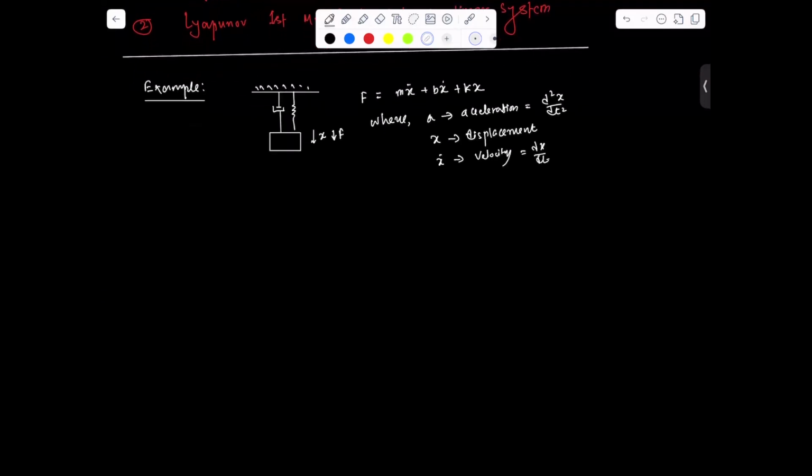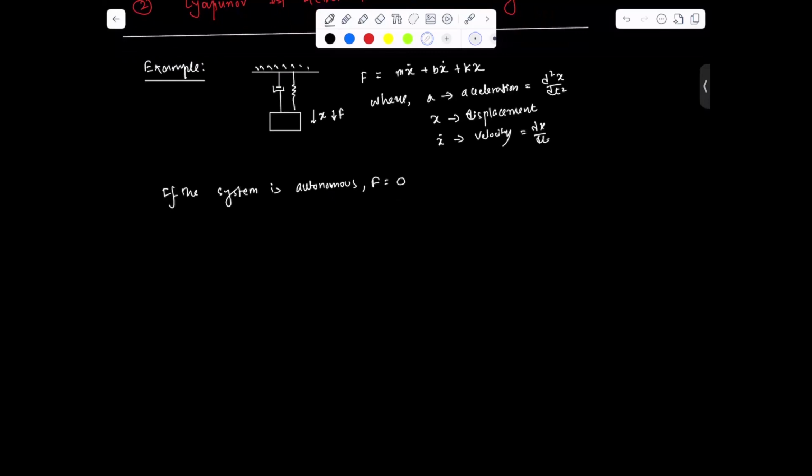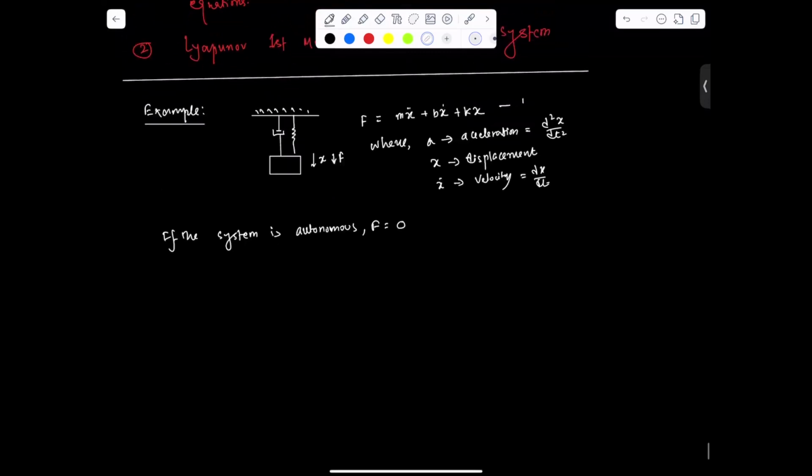Since we are going to study the system, and as you have done in the previous lectures, for studying the nonlinear system we convert the system into autonomous form. For the autonomous system, as you have done before, the force is assumed to be zero. So if the system is autonomous, F equals zero, and for this condition, let us define this as equation number one.